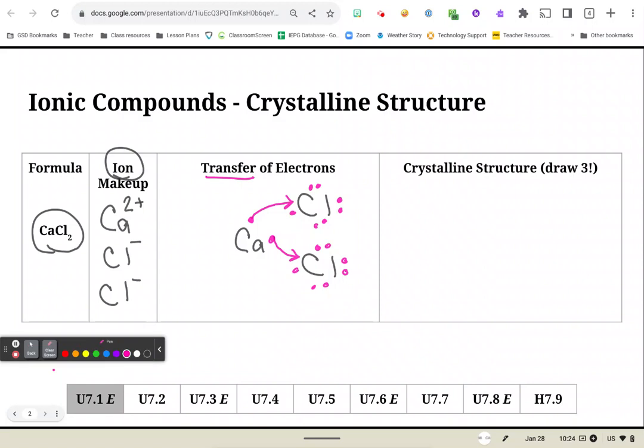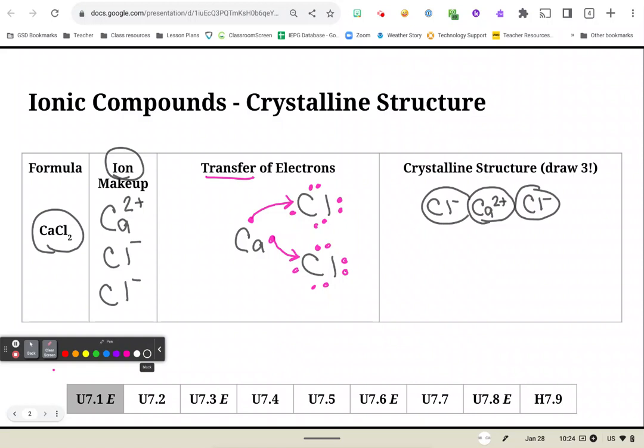All right, then the crystalline structure. Again, we want you to draw 3. So this one, now my ratio is I have a calcium 2 plus, and I have 2 chloride ions, excuse me. So each one, you have to think about how they're going to arrange. So I can't put the chloride ion next to the other chloride because they're the same charge, so they're going to repel.